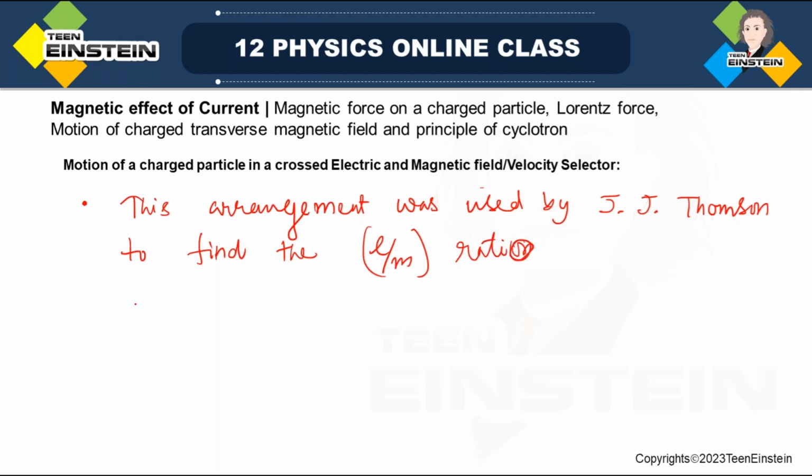Nowadays we use the mass spectroscope, which uses this principle of the velocity selector.